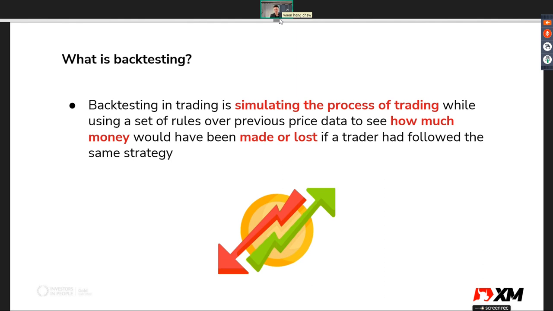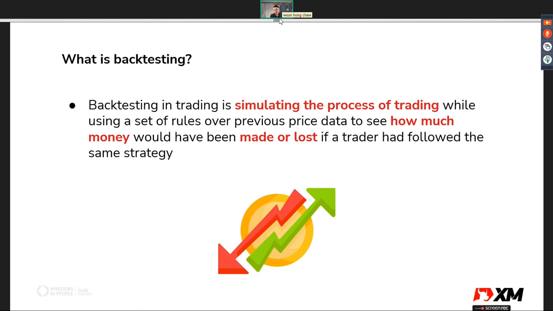But if you want to backtest properly, you should follow the same strategy and backtest it for at least 1 month to see if the strategy is profitable or making a loss.